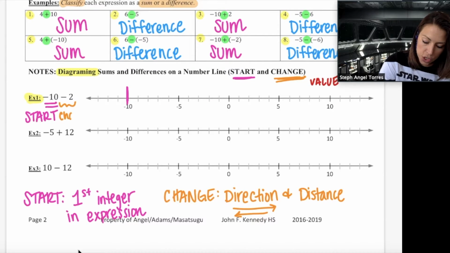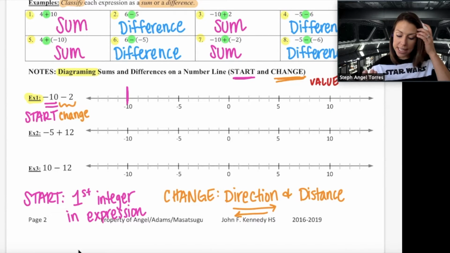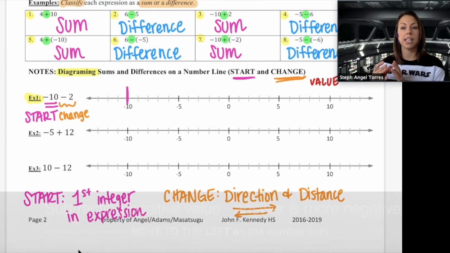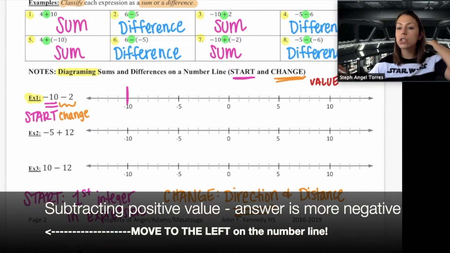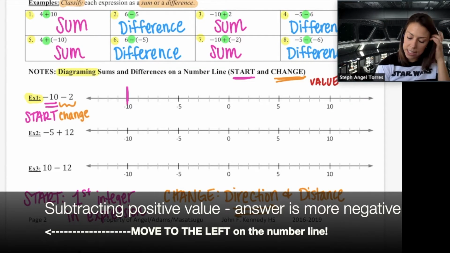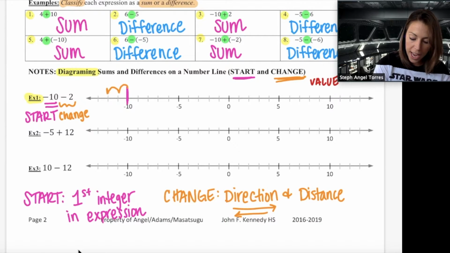That is my change, and it gives me information. If I'm minus 2, I'm subtracting positive 2. That means I'm taking away positive value. And to take away positive value means my answer is going to become more negative. So I'm moving to the left 2 in this expression. So starting at negative 10, I'm moving to the left 1 and 2.